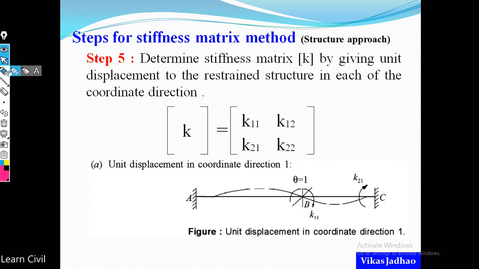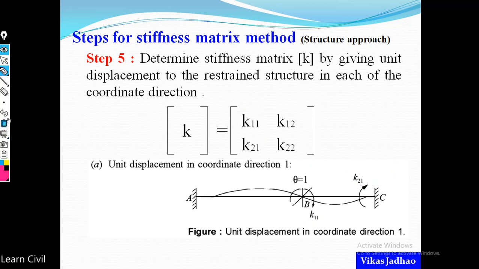First we will apply a unit rotation, that is theta B equal to 1 at this particular joint B, and then we will find out the values of the stiffness, that is K11 and K21. So two values of this stiffness matrix are calculated.